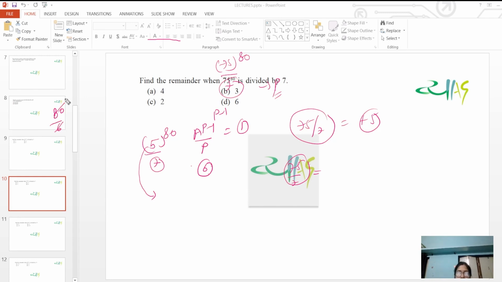What are you going to get? This will become 40, this will become 3. 3 1 times, and this will be 3 3 times, and then you will get 1 as remainder. I hope I'm correct. Then you will get 1 as remainder. So basically 13 you are going to get 1 as remainder.